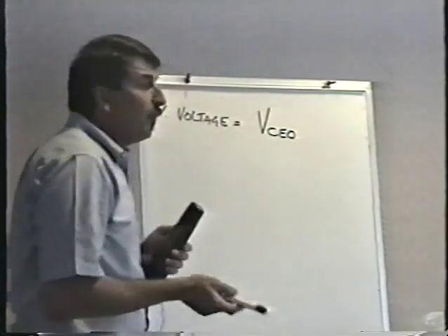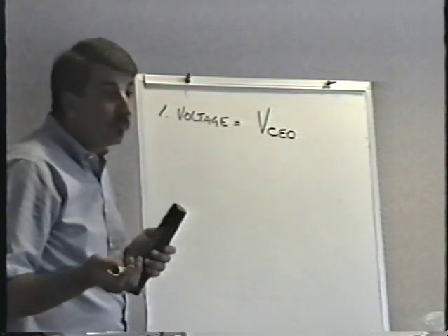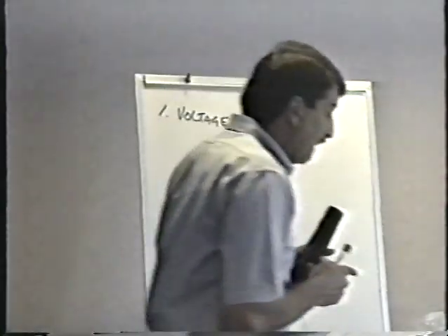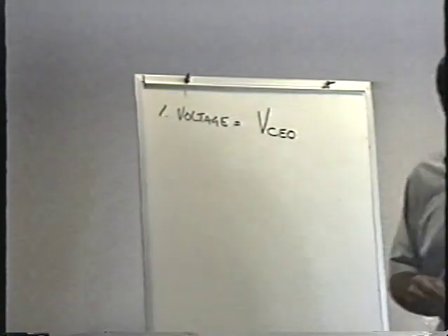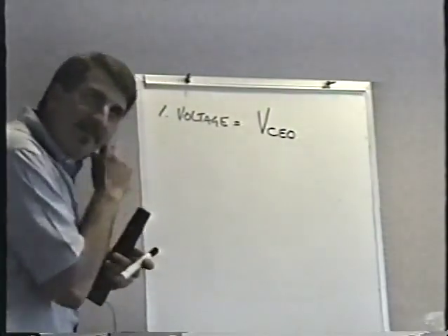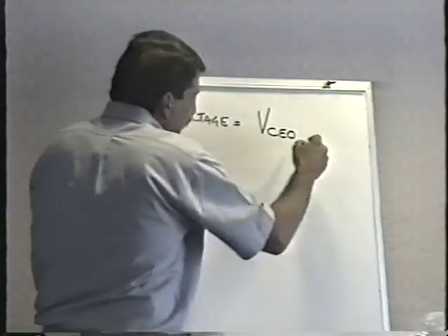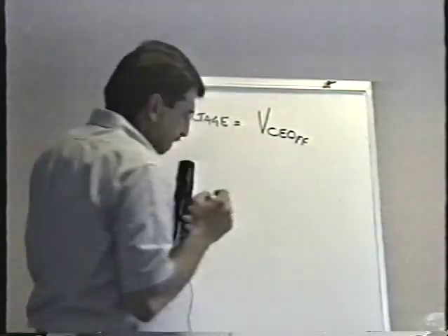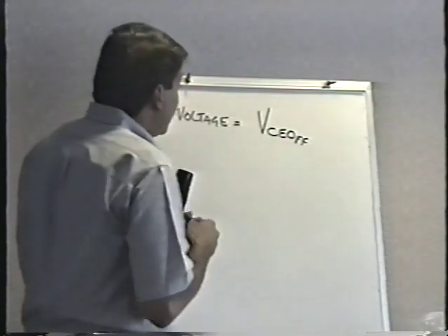Well, if the base is open, is the transistor on or off? Off. It's off, right? Oh, good, Mel. There you go. Sure. If the base is open, the transistor's turned off. So you can think of that as meaning off. The voltage from collector to emitter when the transistor's turned off.